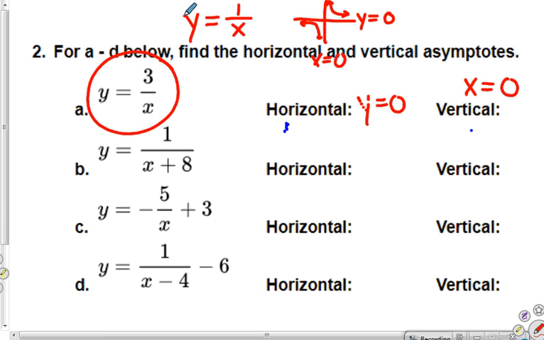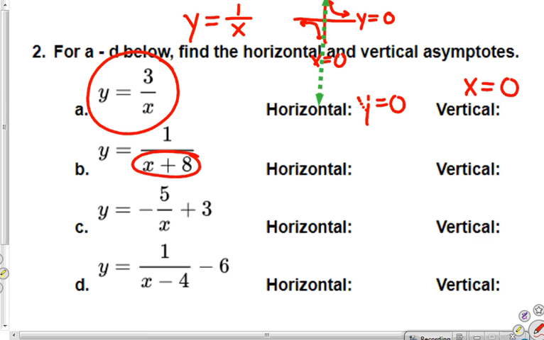All right? So for B, think about which way functions shift when you add 8 to the x value. Do they go up, down, left, or right? They've been going left for the last 3 months, right? Since we started transforming functions. So the vertical asymptote that you see here in green for the parent function would shift left 8, right?